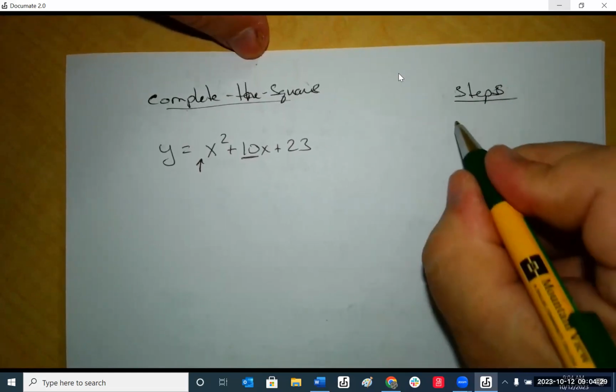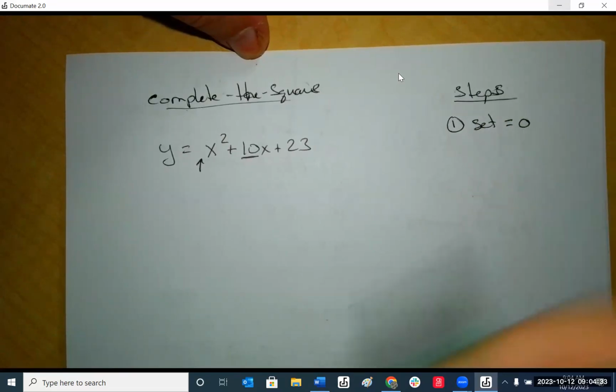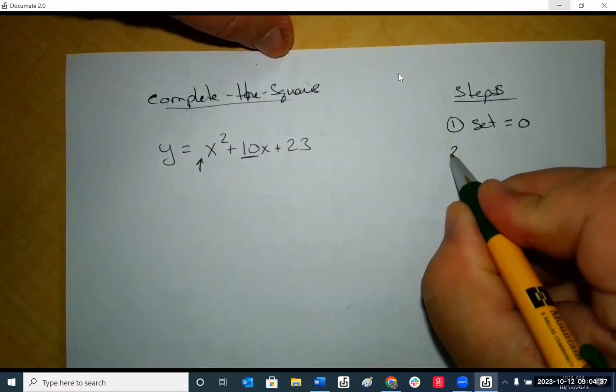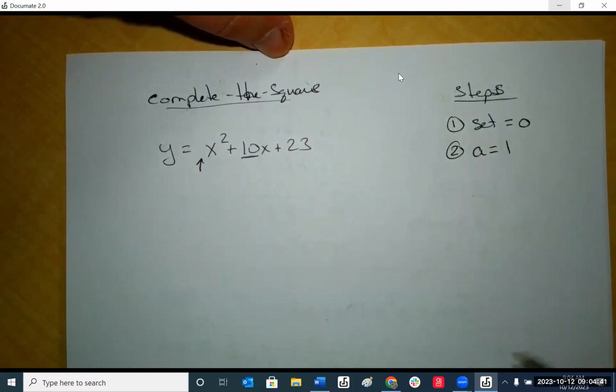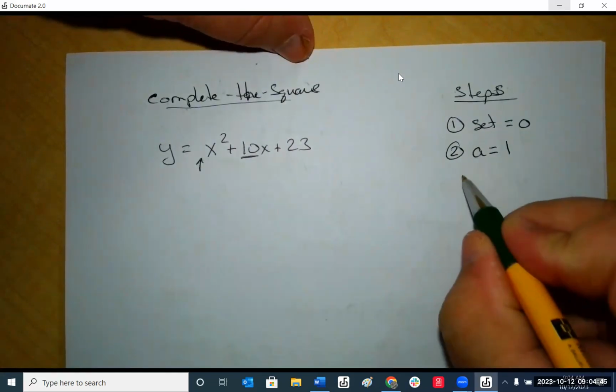Here are the steps. Set equal to 0. A has to be equal to 1. You have to have a 1 in front of the x squared.